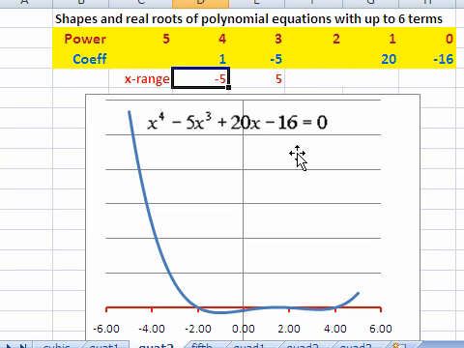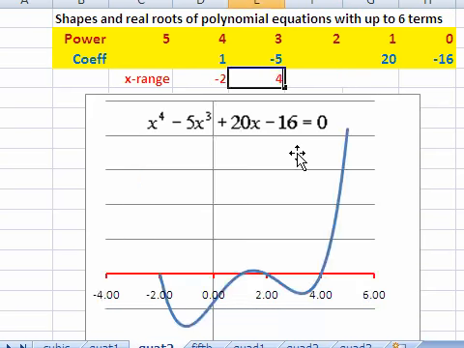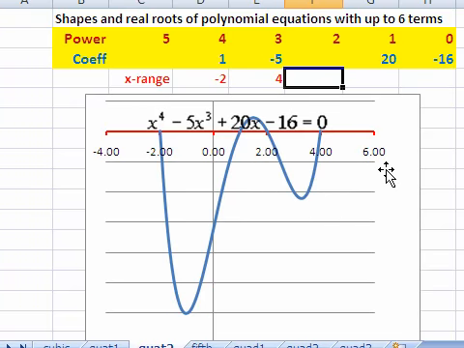Zoom in, -2 to 4, and it looks like we have 1, 2, 3, 4 roots: -2, +1, +2, and +4.